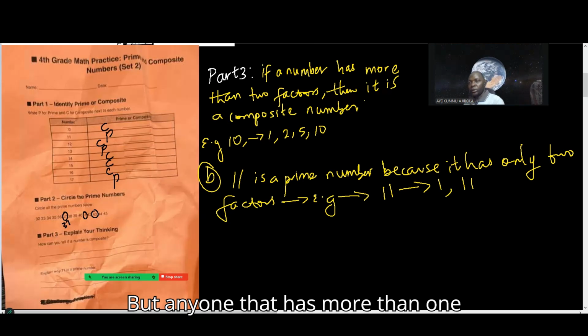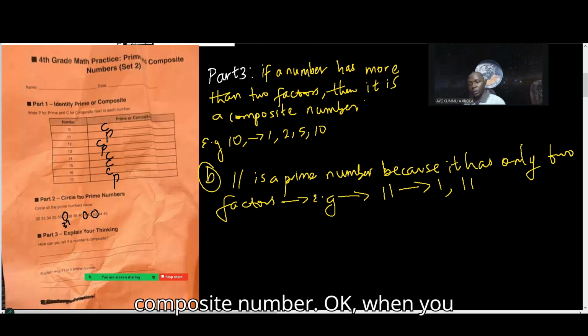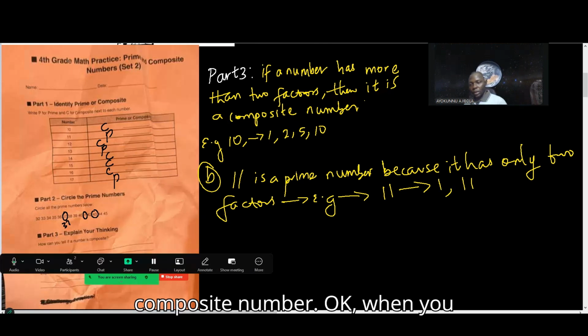But anyone that has more than 1 and itself is a composite number. When you finish this, let me know.